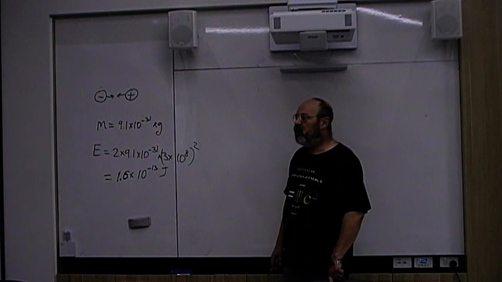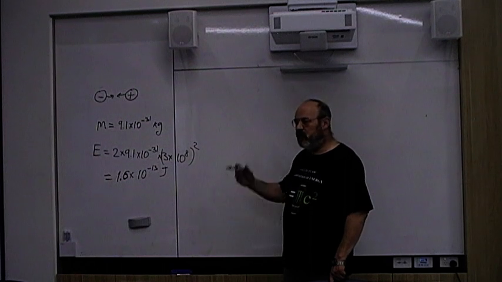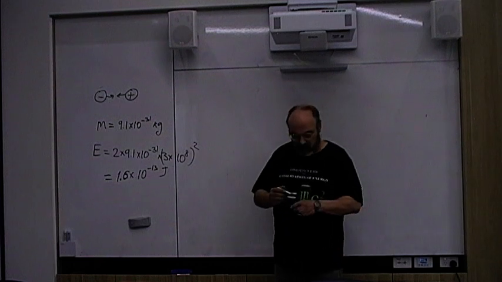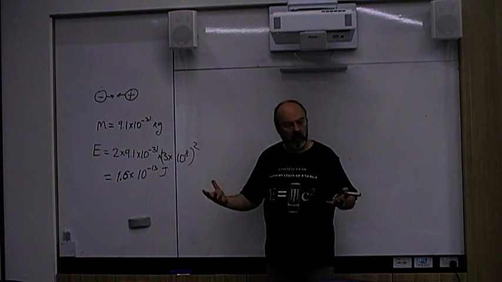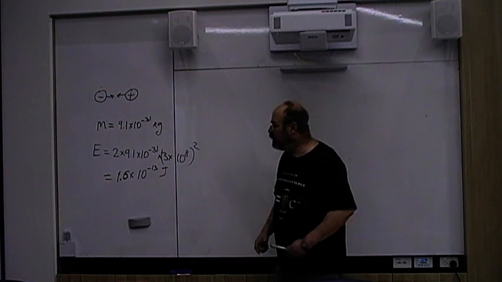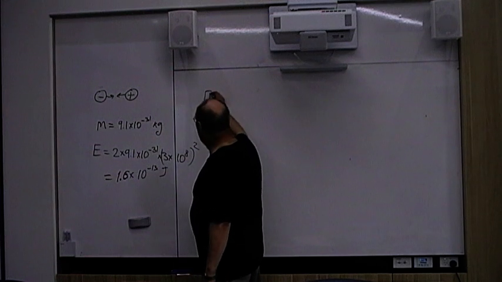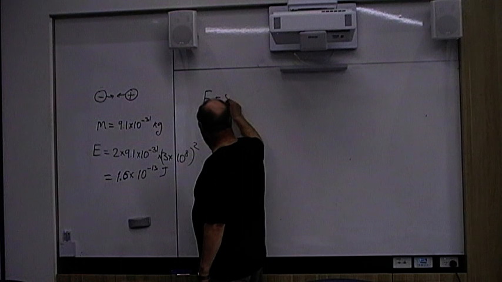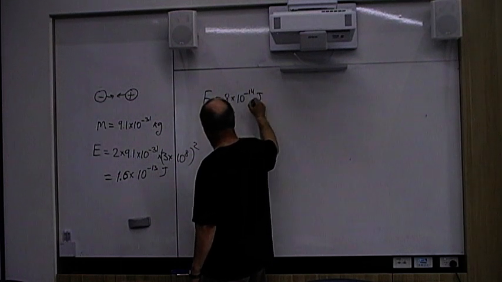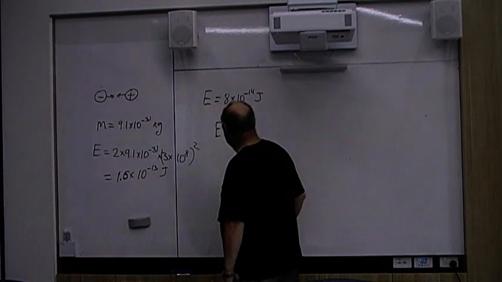Let's calculate the wavelengths. Let's say 2 photons are emitted as a result, because electromagnetic waves, we know that light can be considered as particles, photons. What will be the wavelength of this photon? We have E of one of them equal to 8 times 10 to the negative 14 joules, and we have E equals hc over wavelength.